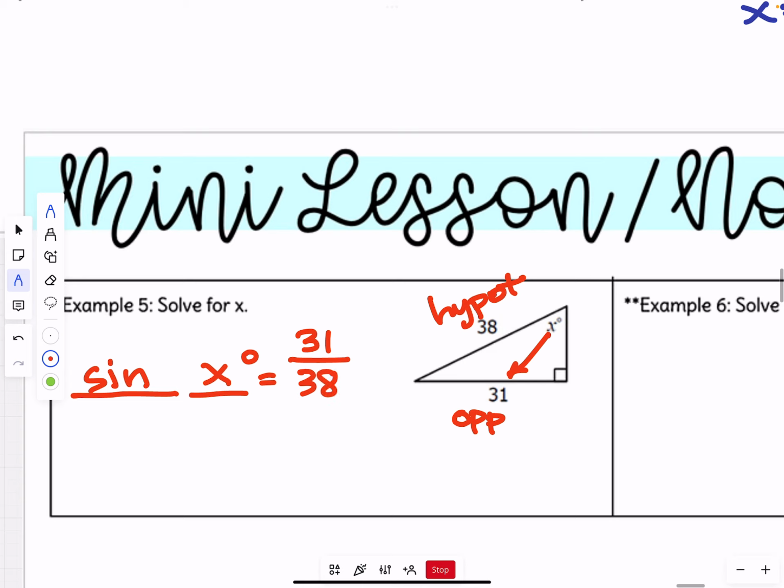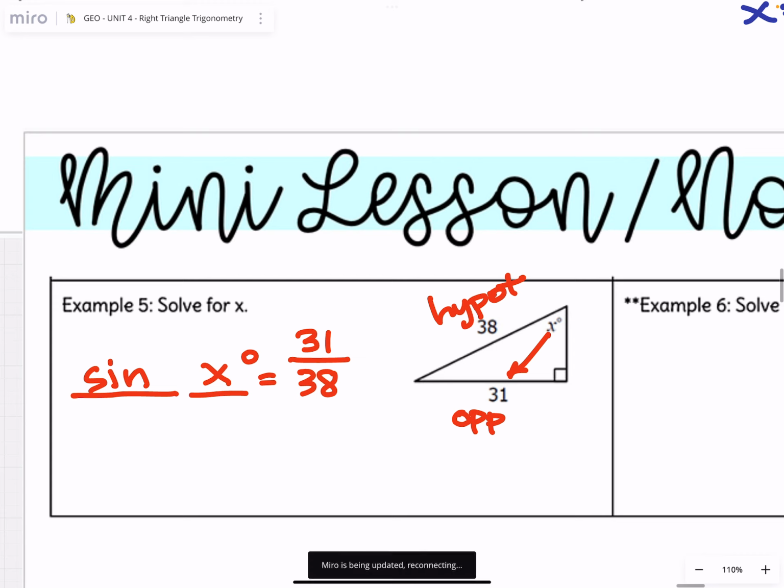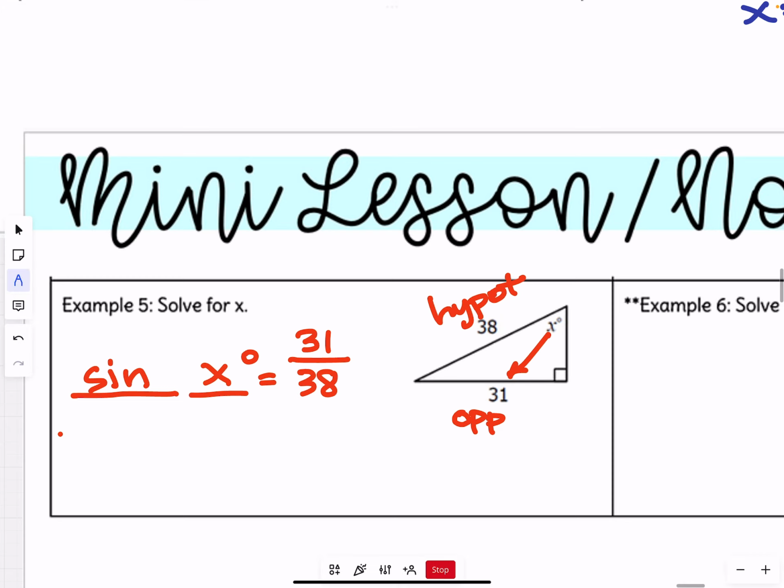So let's use our sine inverse on both sides. Sine inverse of sine of x, and sine inverse of 31 over 38.